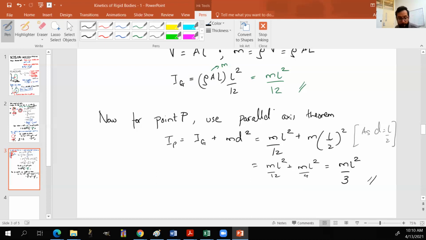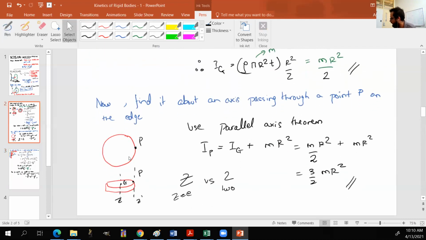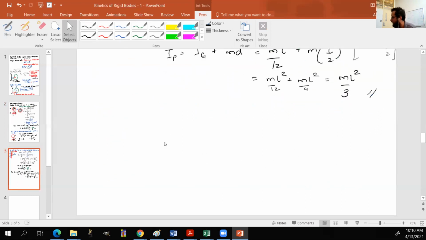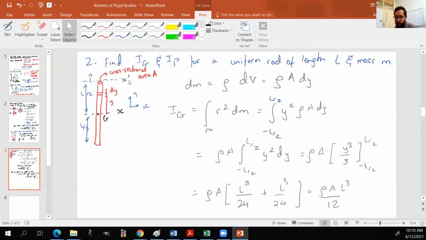Questions? And that's the moment of inertia at point P of the rod. Correct. Okay. Moment of inertia for a disk about the center, moment of inertia for the disk about its edge, moment of inertia of a rod about its center, moment of inertia of a rod about its edge.